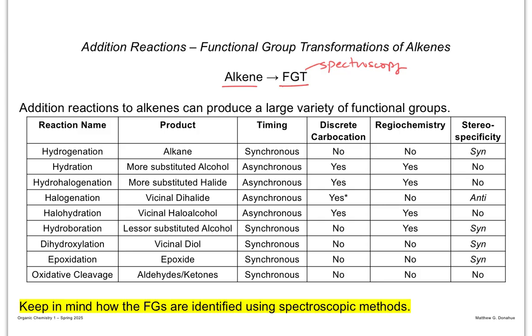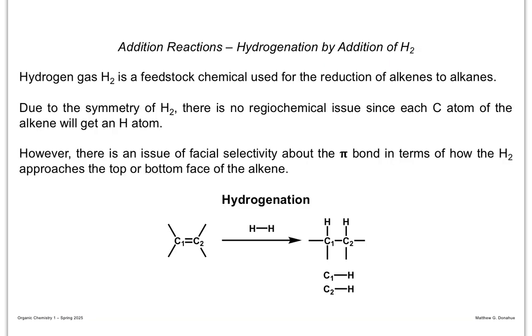So again, then you have to consider rearrangements. What's the regiochemistry of the reaction? And is it stereospecific? So we'll go through each reaction. We'll look at an example of it. We'll talk about the mechanistic details. If I can make it through here.